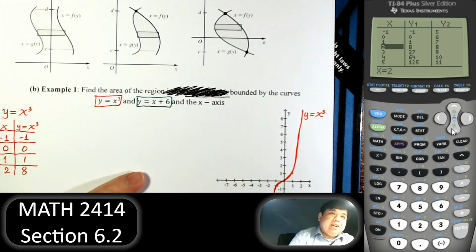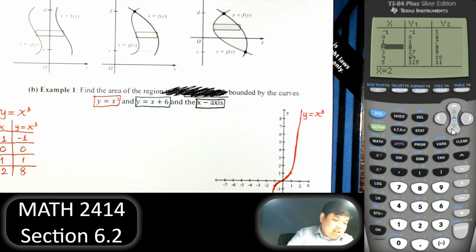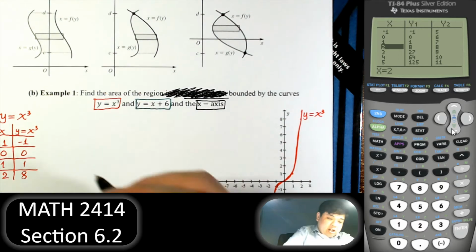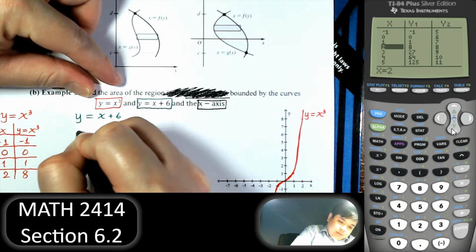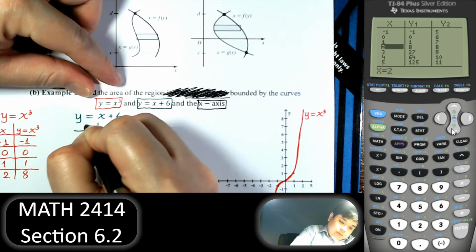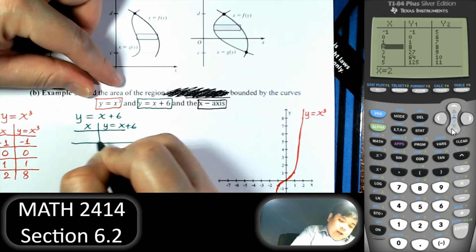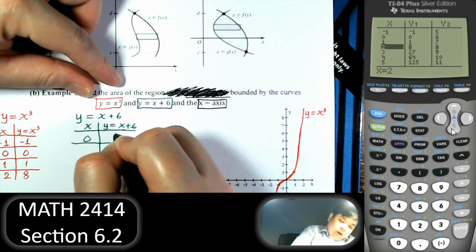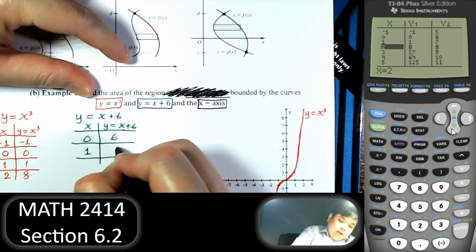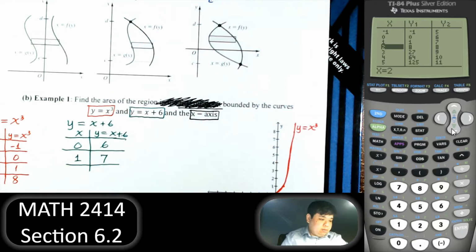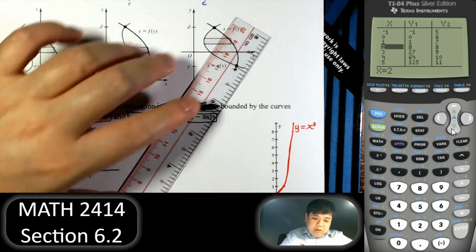This is the problem. So we do have the x-axis. Y equal to x plus 6. X equal to 0, y equal to 6, x equal to 1, y equal to 7. Yeah, so ignore the in the first quadrant part.